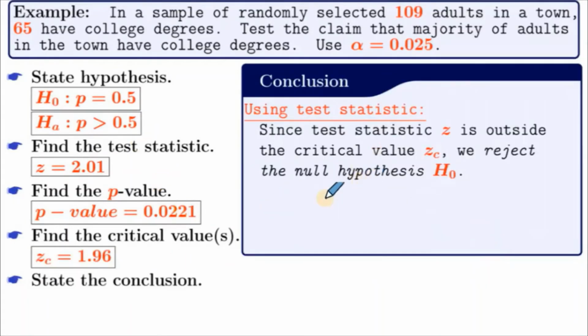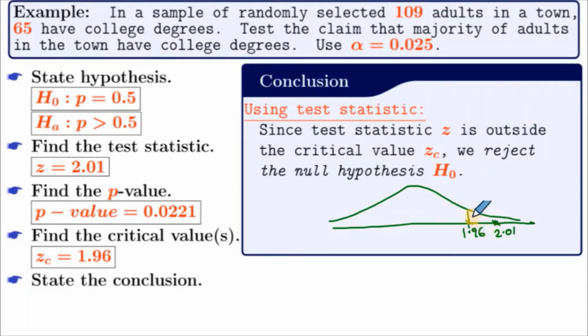So here, to draw the conclusion, let's draw a diagram. So our critical value here is 1.96. So let's put it here, which is 1.96. And our test statistic is 2.01, which is, let's say, over here.